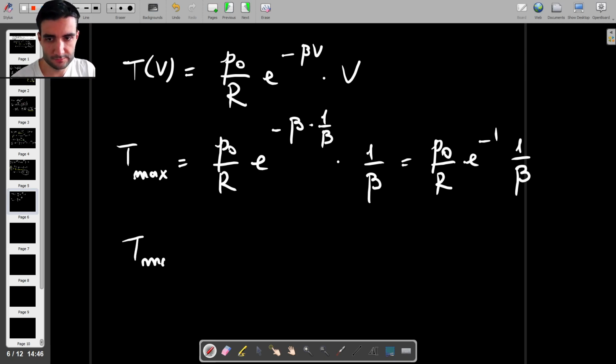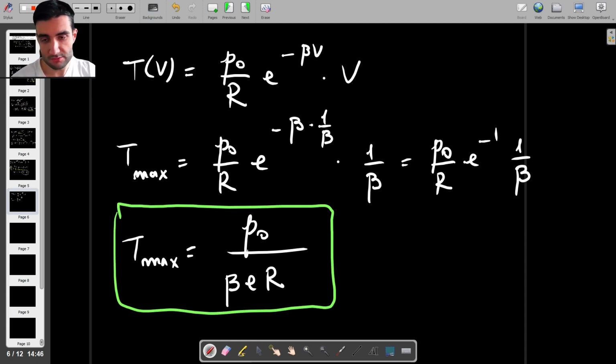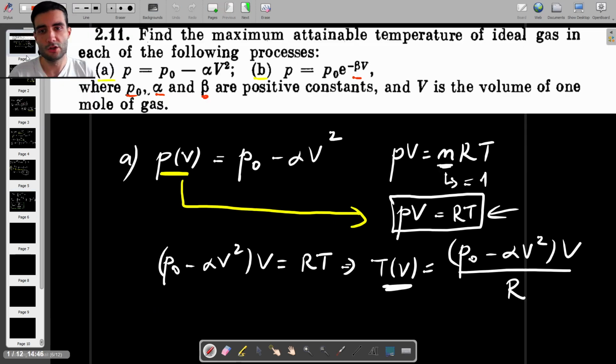So T max will be equal to P naught over beta times e times R. And if you know what the constants are, well, you already know what R is, and you know what e is as well. So if you know P naught and beta, you can actually find what the maximum temperature is for this second process in part B. And that's the end of the question.